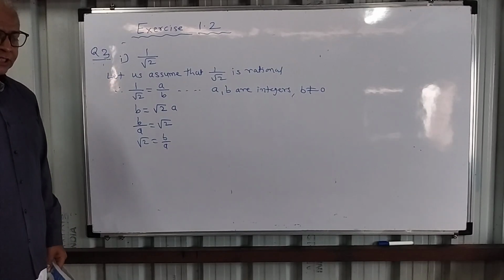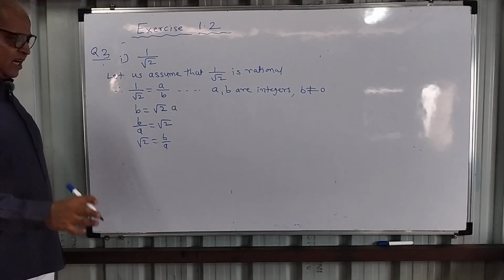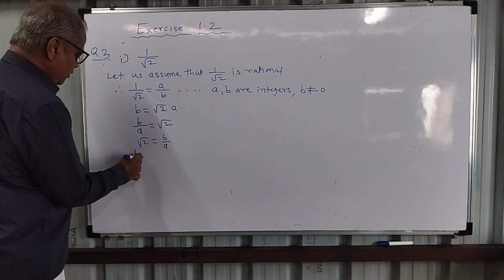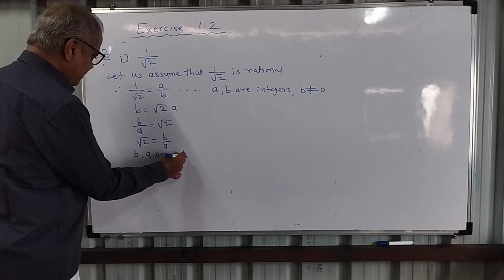Therefore this contradiction is due to our assumption. Very simple. b comma a are integers.